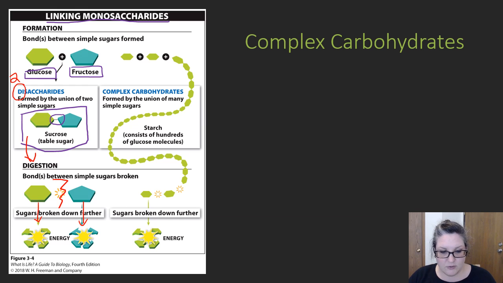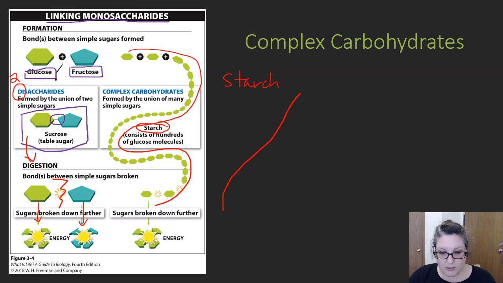Now on the right, we see a long chain of what looks to be glucose molecules, and this is what we call starch. So hundreds of glucose molecules bound together in a long single chain. Now it doesn't branch like glycogen. Starch is one long chain of glucoses.